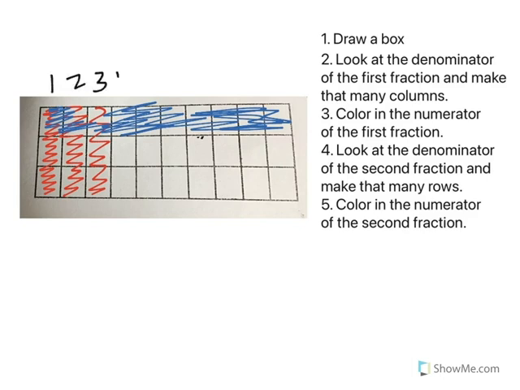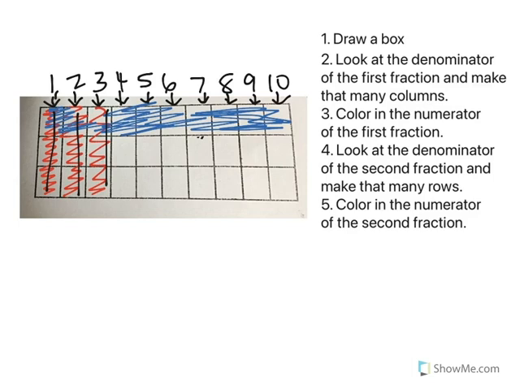1, 2, 3, 4, 5, 6, 7, 8, 9, 10. And I think, okay, I'm going to make little down arrows here. And the down arrows help me know what the fraction is. So if I look at the down arrows, it shows me that 3 of these are colored in.